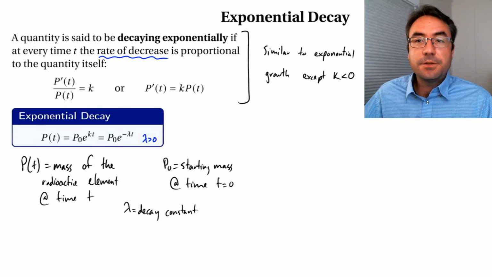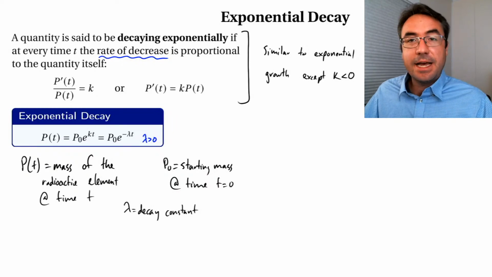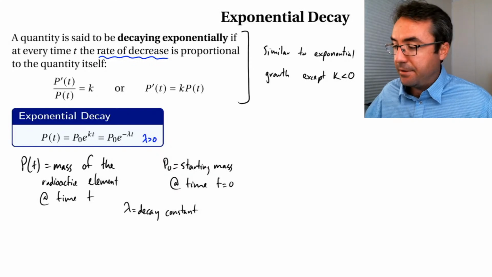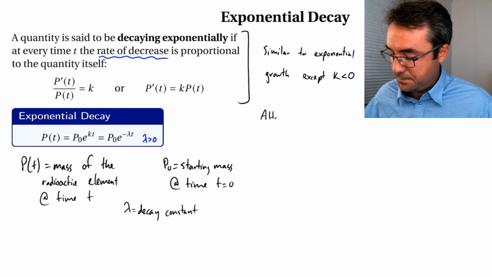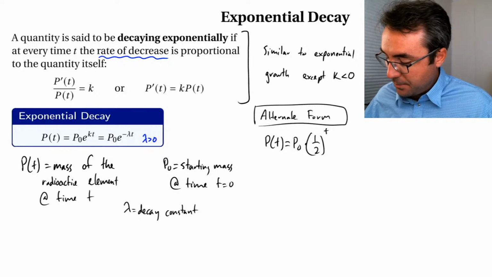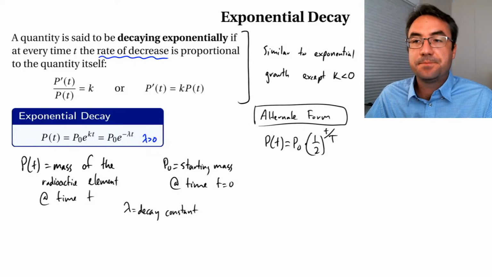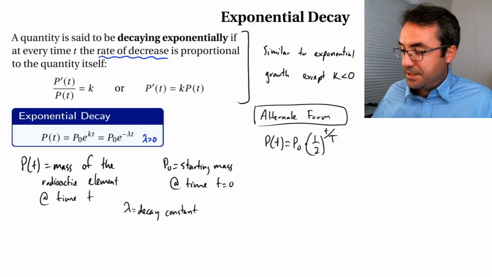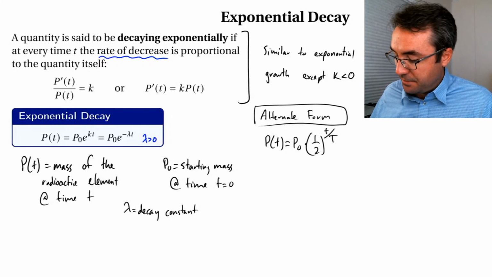And so there is an alternative format for this exponential decay formula if we were to think of it in terms of powers of 1/2. And we could write this instead as P of t is equal to P0 times 1/2 raised to the power t over capital T, where lowercase t is our variable and uppercase T there is the half-life.